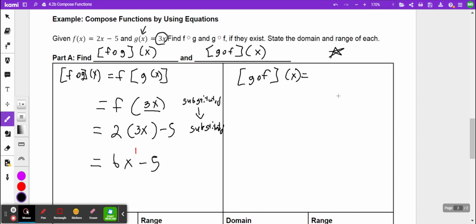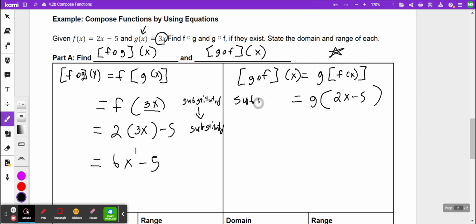All right. Hopefully you tried it. Now let's try this out. So we're going to have g of f of x. Now I'm going to take whatever f of x is, and I'm going to plug it back inside. So f of x is 2x minus 5. And what did we do?